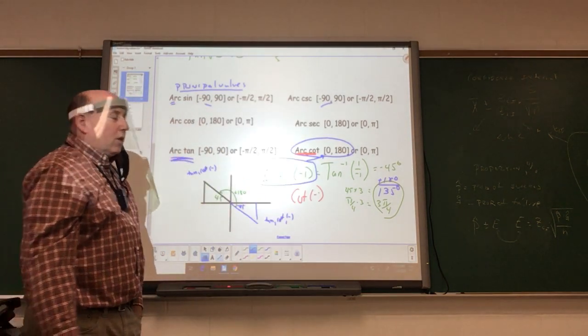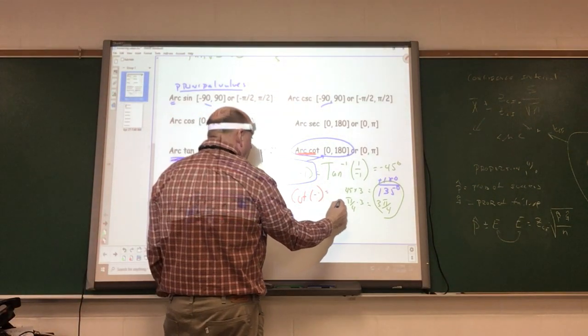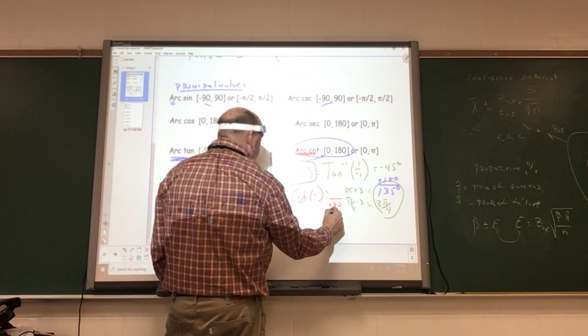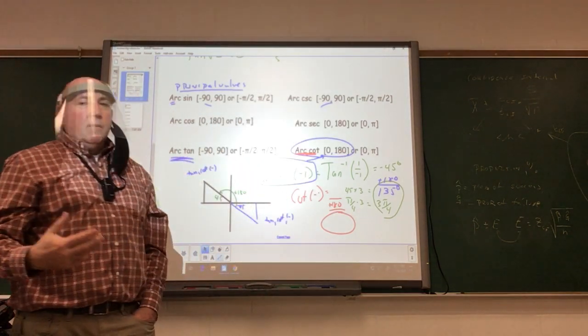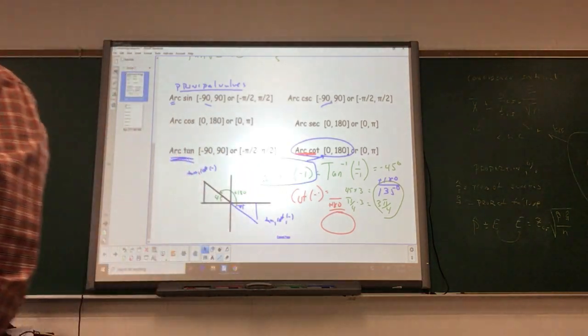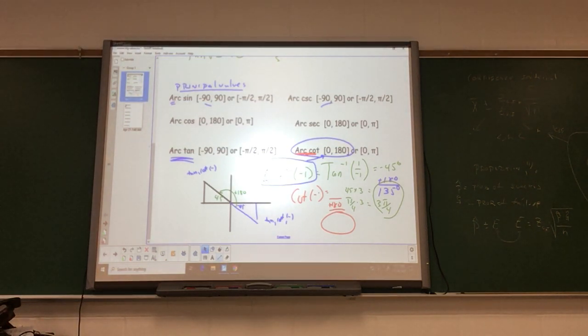When we take the inverse cotangent of our negative, we get our solution, we have to add 180 to it. If I'm taking the inverse tangent of a negative, I don't have to worry about it. But at the inverse cotangent, my problem initially starts out the inverse cotangent of a negative. Then I must worry.